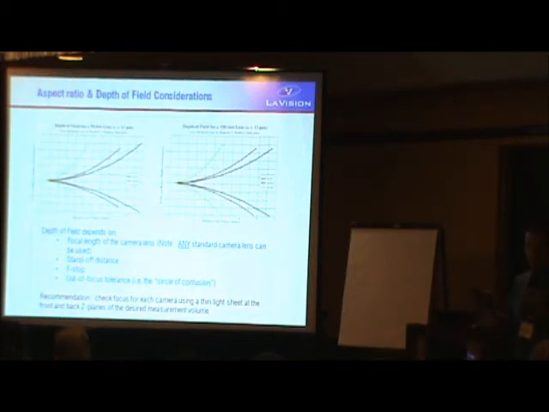So if you've got a certain depth of field that you want to achieve with a particular lens, you can be closer to that object with a shorter focal length lens versus a longer focal length lens. I'll touch upon later why it's important to consider what focal length lens you're using.